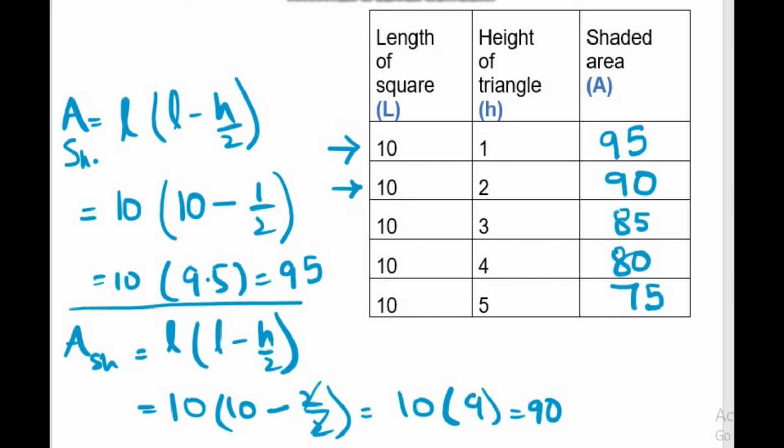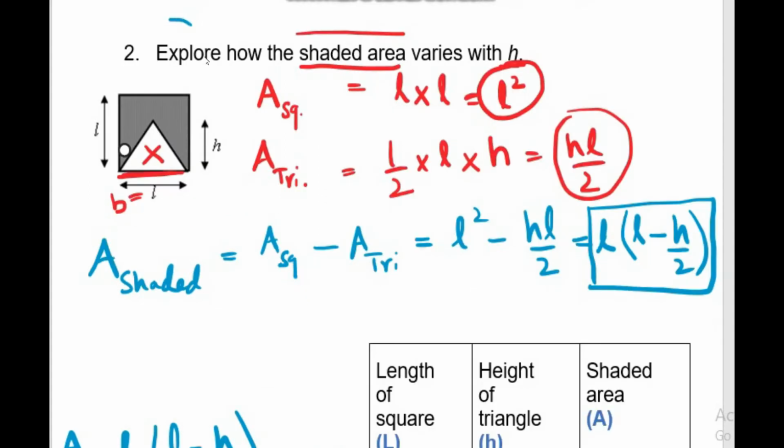Now I'm just going to leave this one space for you again, let's just do it for one last time. So there we are, this is 70. Now the task is: explore how the shaded area varies with height.